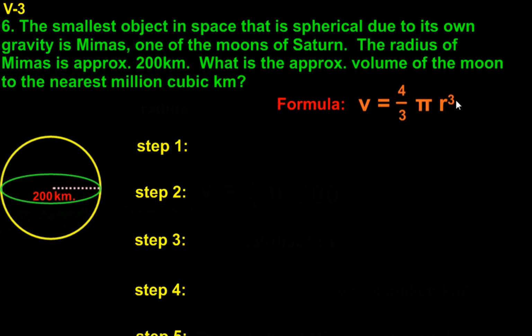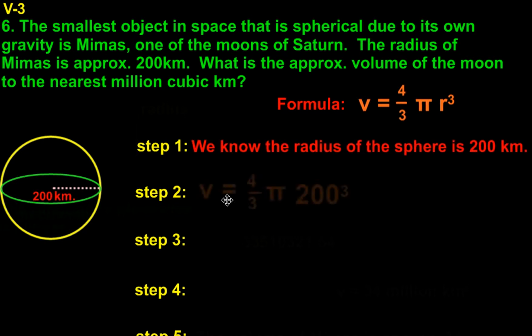Well, we're dealing with a much larger object, but our formula doesn't change. And I made a quick diagram here. We know that we were given the radius, so I made my dotted line go halfway. And the radius is 200 kilometers. And we're going to plug that right into the formula. So that's going to give us V equals 4/3 pi times 200 to the third power.